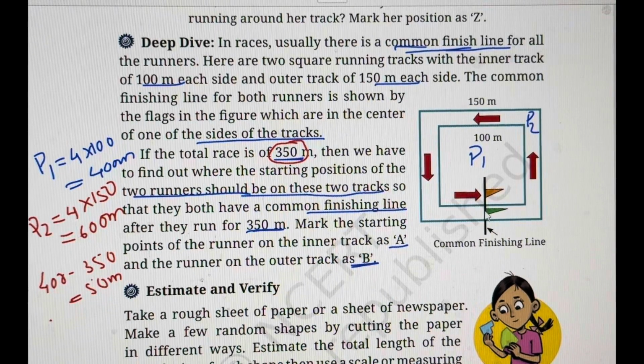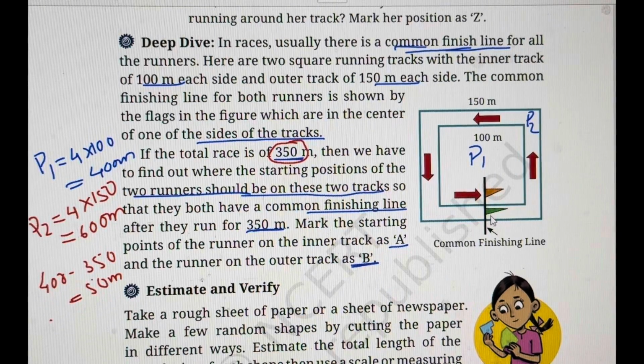So now if you observe, this line is exactly in the center of the two sides of the track, the finishing line, right? And the complete race, if we count, is 400 meters, but we want it to be 350 meters. So we subtract 50 from the finishing line. Here the total is 100, so each will be 50-50.